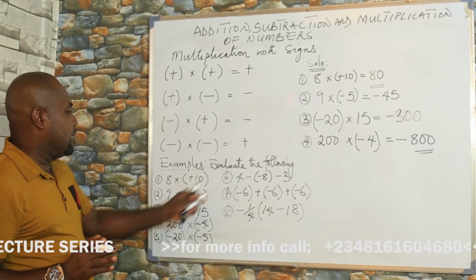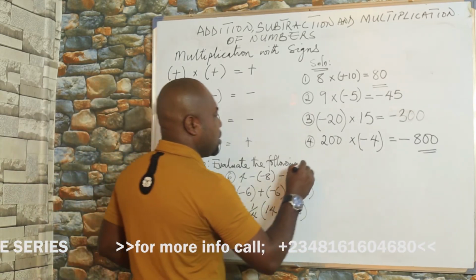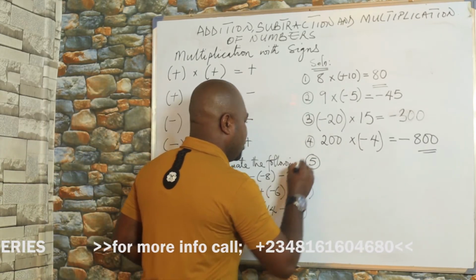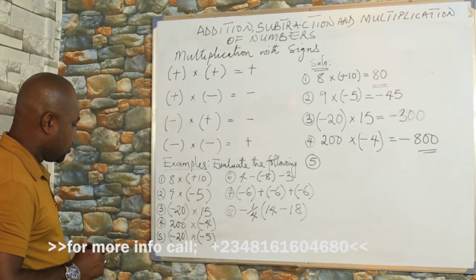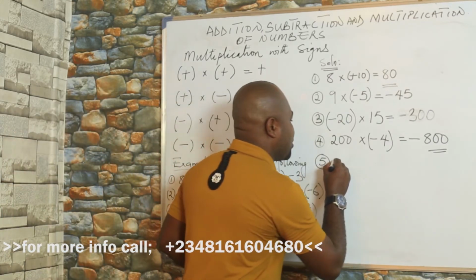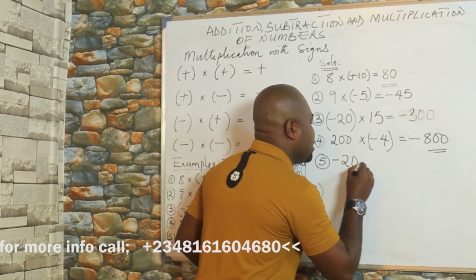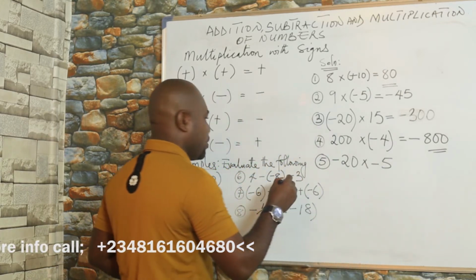Let us look at the next one. Number 5. Minus 20 times minus 5.